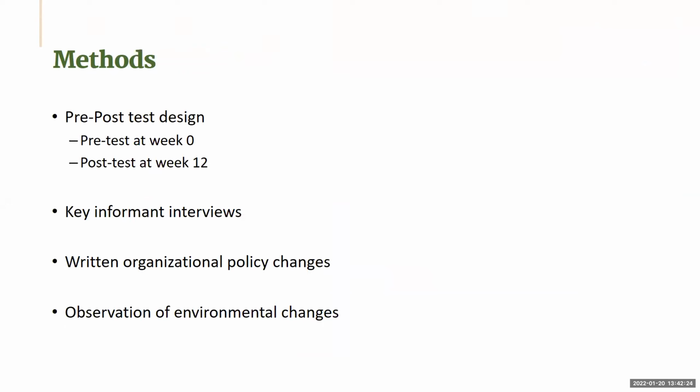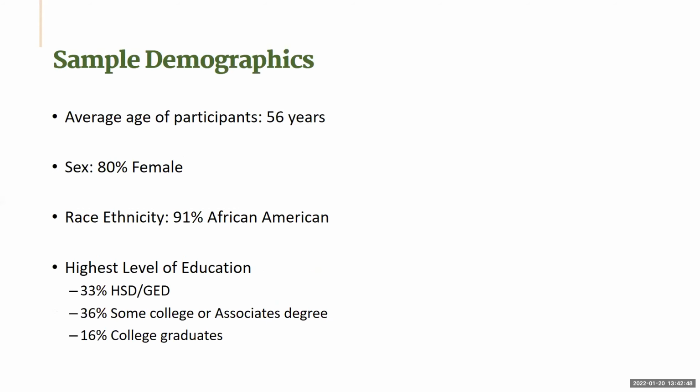So in order to evaluate the program, we used a pre-post test design with no comparison group. Participants completed the pre-test at week 0 and the post-test at week 12. We also conducted key informant interviews. We observed environmental changes, and we focused on having our faith communities create written organizational policy changes.